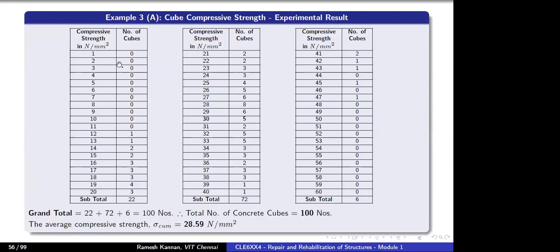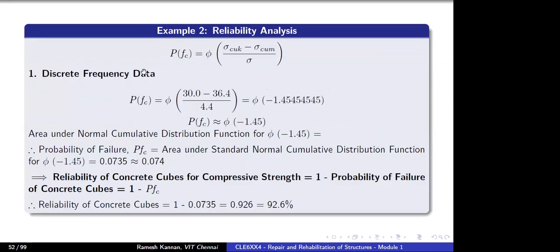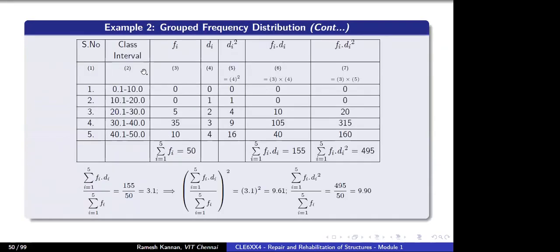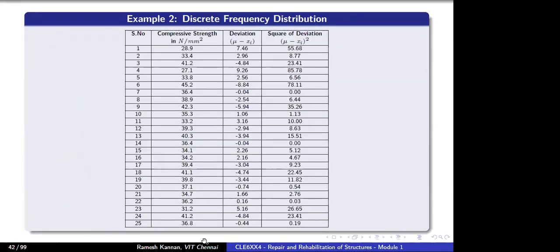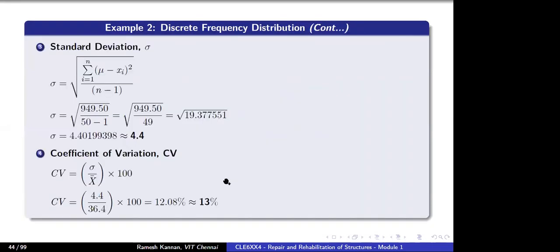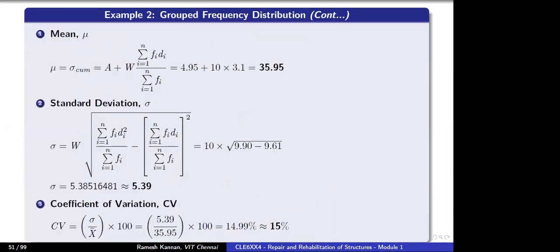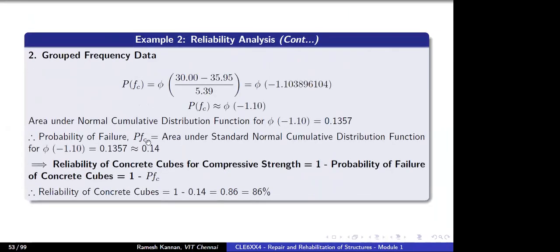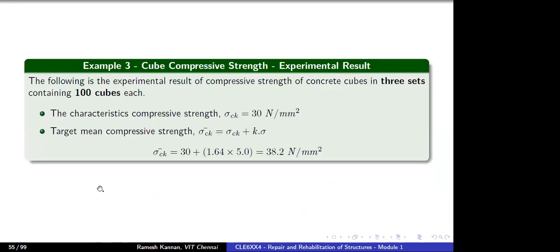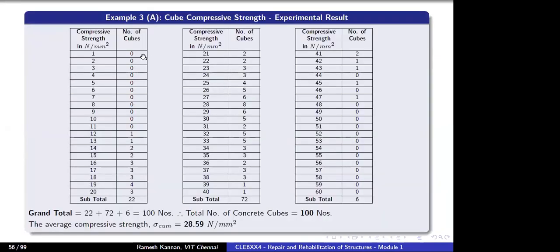So what we do is, in the previous case, we have labeled the cubes, then we have labeled the compressive strength. In this case, we have labeled the compressive strength, and we have found out the frequency of the cubes that fall within this range.